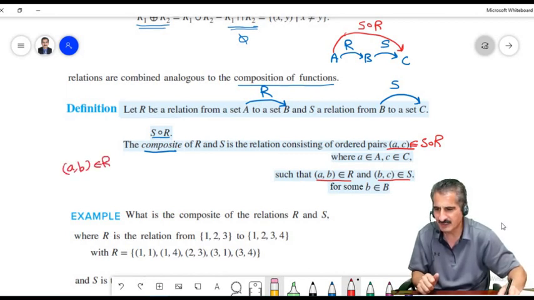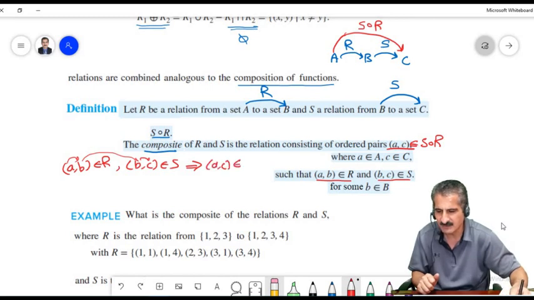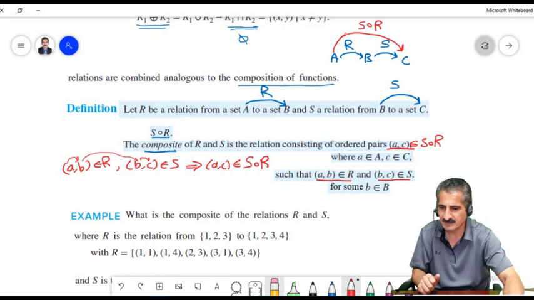(A, B) belongs to R, (B, C) belongs to S, so A is related to B, B is related to C, then A is related to C. Under the composition, first we applied R, then we applied S.